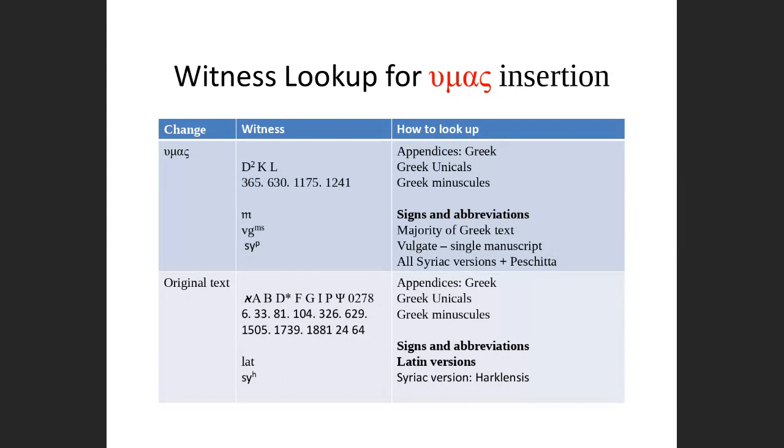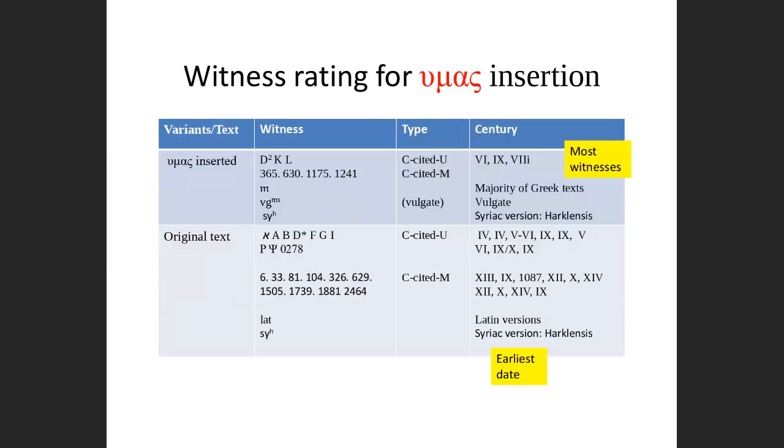So let's look at ymás. You have in the appendices, when you look it up, you look at the uncials and the minuscules, and you look at the signs and abbreviations for the majority text. And the original text has very early uncials. So we found that putting in the grammar is not equal.